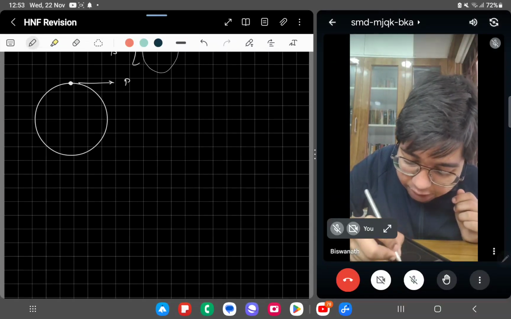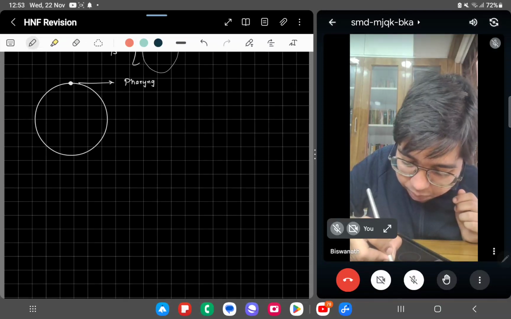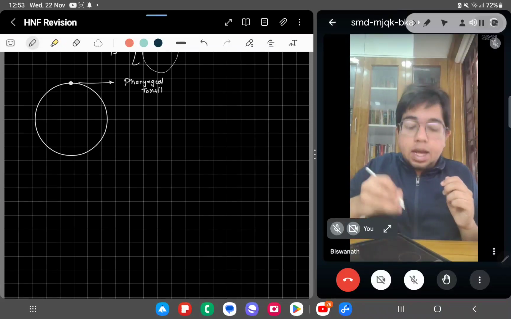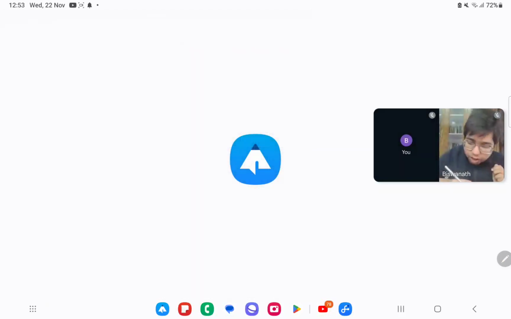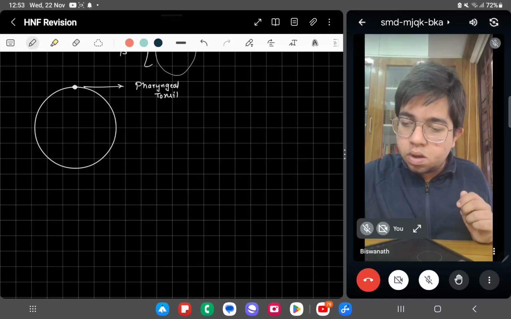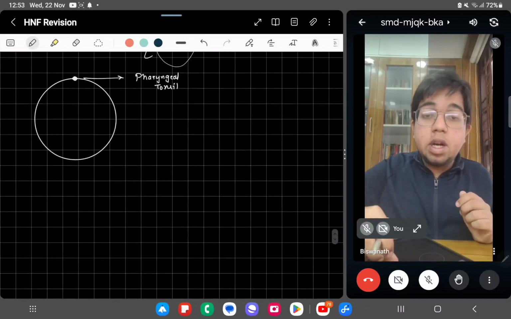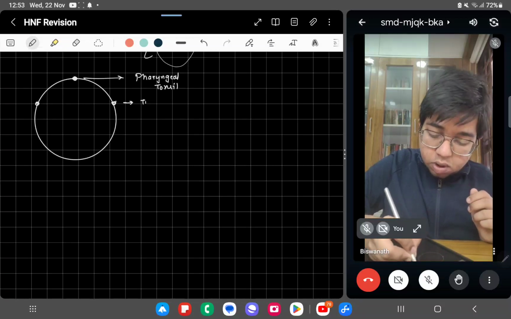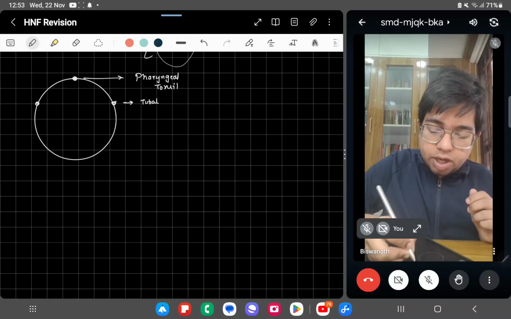First one is the pharyngeal tonsil. Then the other two are your tubal tonsils.